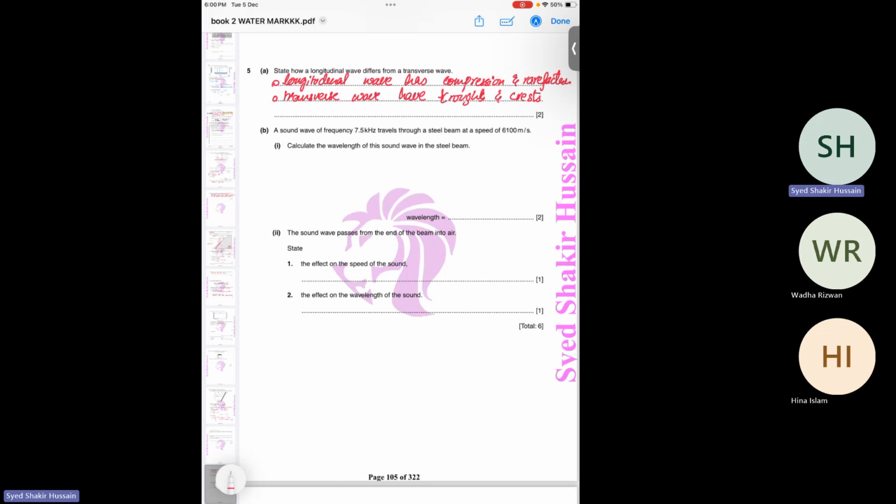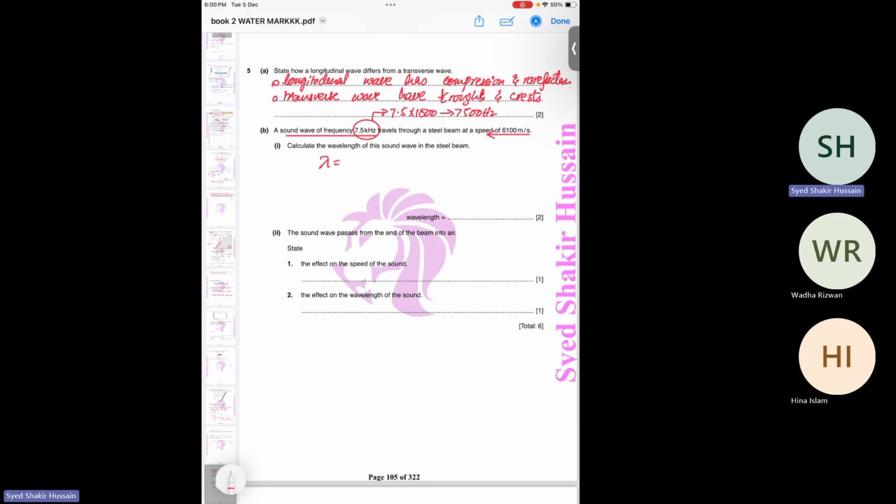All right. Sound wave of frequency 7.5 kilohertz. 7.5 kilo means 7.5 multiplied by 1000, that will make it 7500 hertz, right? Through a steel beam of speed 6100 meters per second. Calculate wavelength.